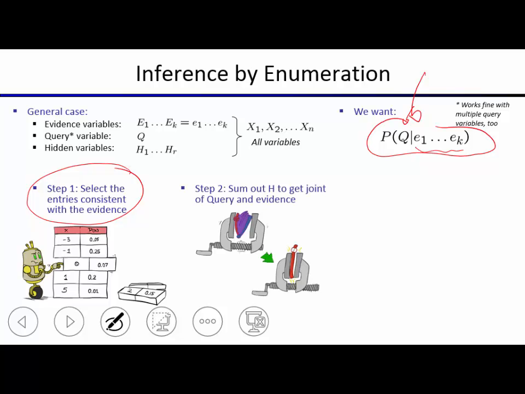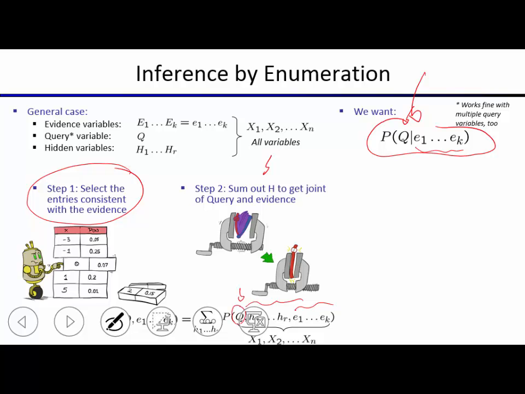Once we have that smaller table, before we just normalized, but now we have those hidden variables which we still need to account for, which we don't want in our table, but which are still sitting there. And so we sum out over our hidden variables to get the joint over query and evidence. What does that look like? It looks like this. We'll have entries in our table that consider query, hidden, and evidence. Evidence in our table is fixed. It's all exactly what we want it to be at this point in this smaller table.